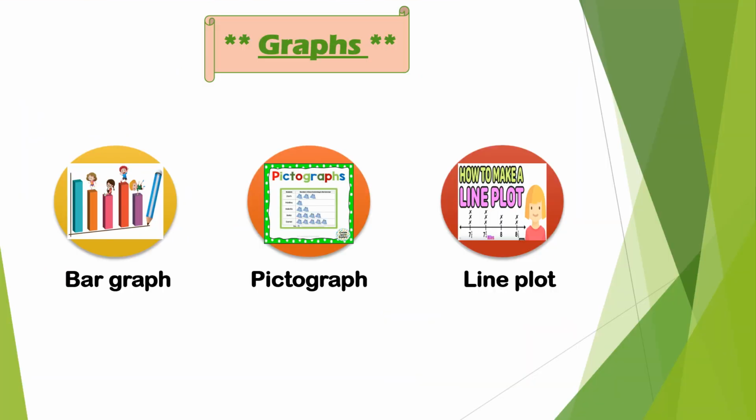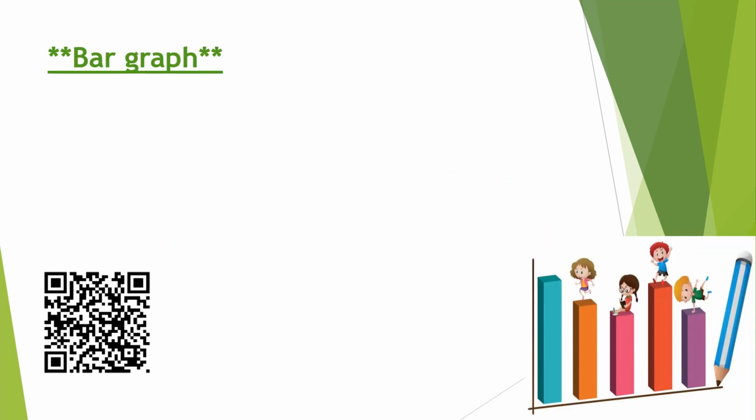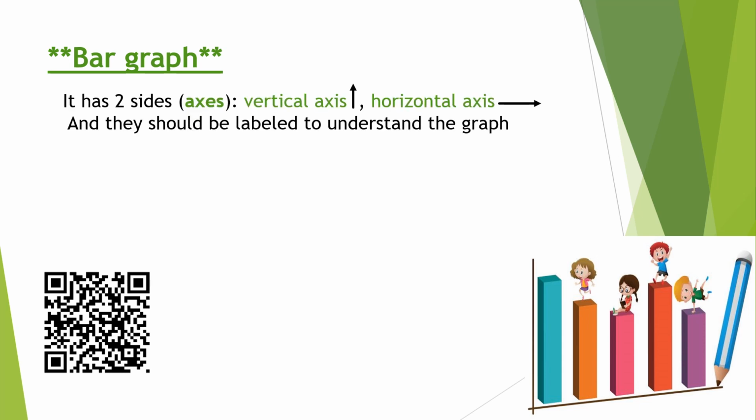Now we will move to graphs. We will discuss three types of graph: bar graph, pictograph, line plot. Let's start with bar graph. We studied it already in grade 2 and we said that it has two sides.